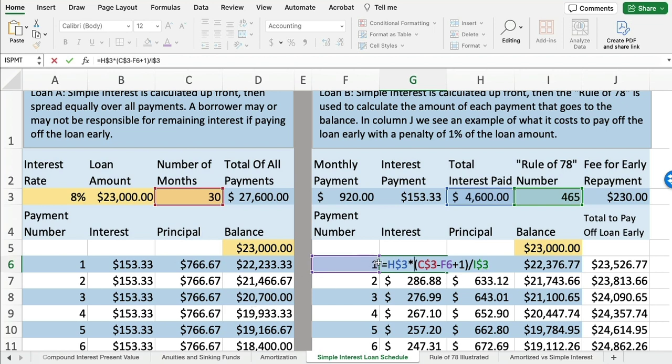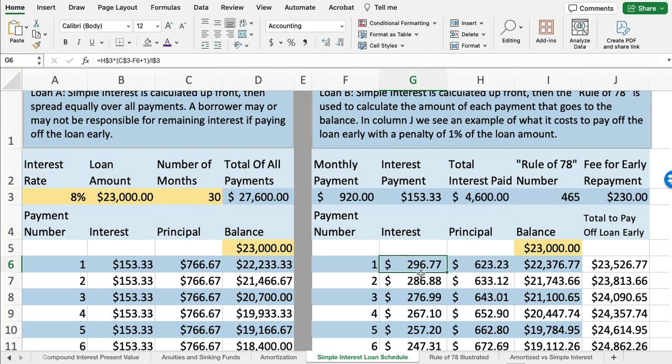Again, that's equals $3 times parenthesis $3 minus F6 plus 1 close parenthesis slash $3. Okay? Hit enter, and our first interest payment is $296.77. The principal is equals F as in Frank, $3 minus G6, and that's located in cell H6.